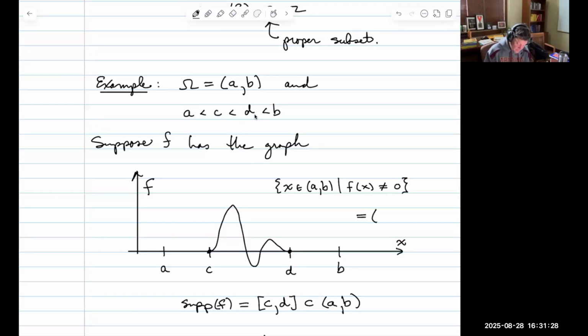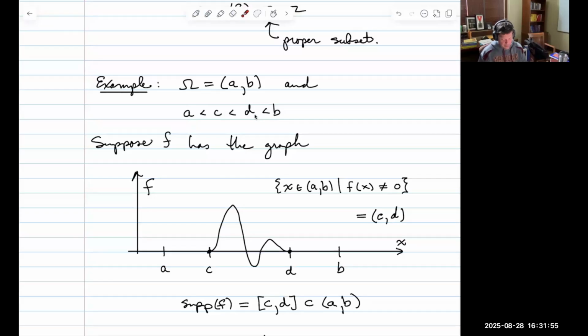That set is equal to the open interval (c, d), not including c and d, right? Because at c and d, I just said the function is equal to 0. It's equal to 0 here and for all points before it, and it's equal to 0 here and all points after it. Now, what we do is we take this set and we close it. We add the limit points for this set. Well, what are the limit points for this open interval?